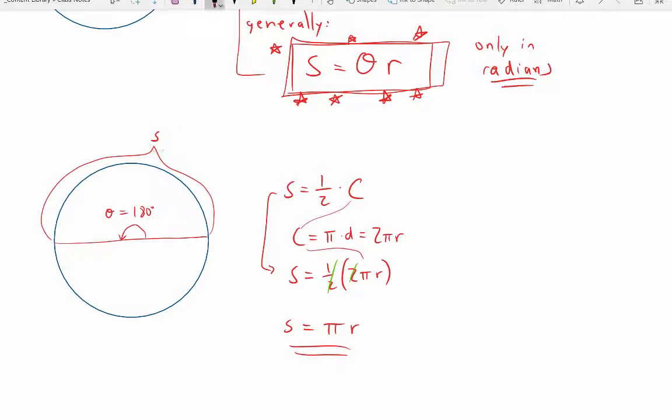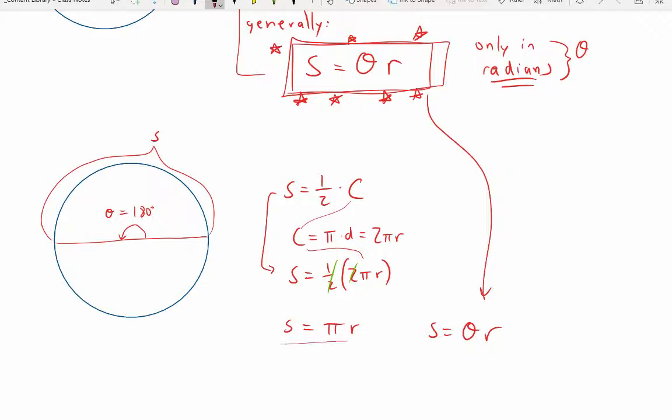Half of the circle is equal to pi times the radius. But we just learned up here that in all cases, S is equal to theta times r, where theta is in radians.